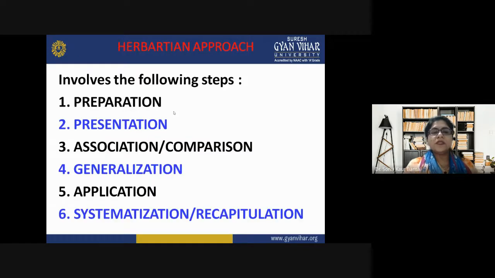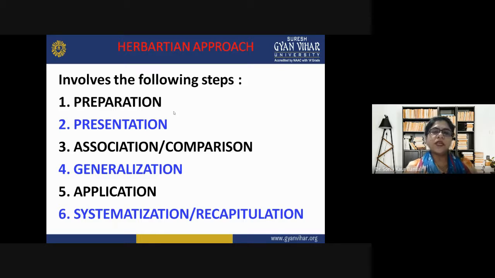These are the Herbartian approach steps: first is preparation, second presentation, third association or comparison, fourth generalization, fifth application, and a sixth, systematization or recapitulation, which was added later.